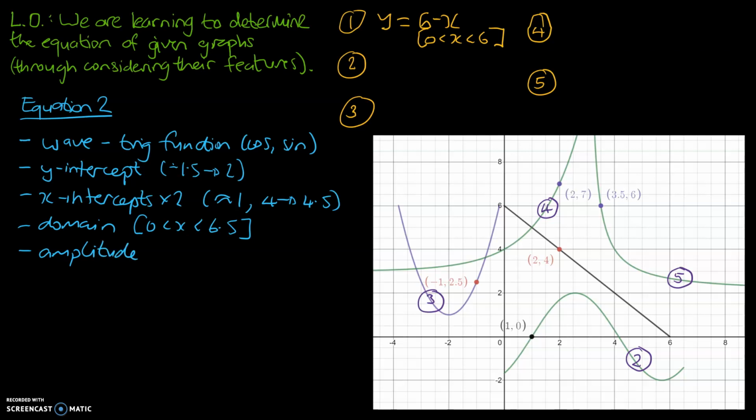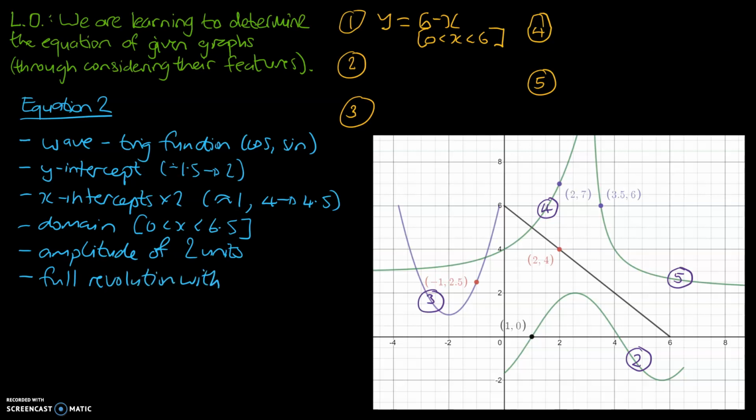And if you have a look at the middle of our graph, it looks like the x-axis is the middle, and it does look like it has an amplitude of 2. Amplitude of 2 units. So that tells us a bit about the formula. And I can also see it's got a full revolution in about 2 pi.